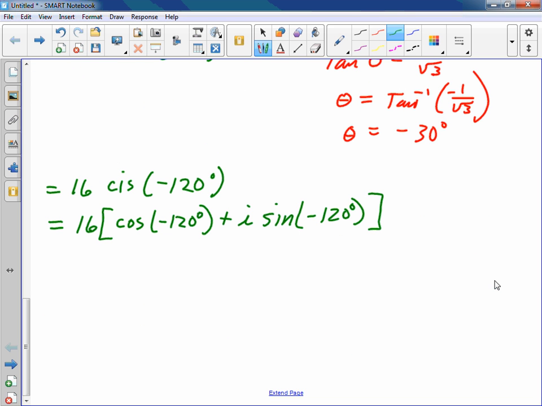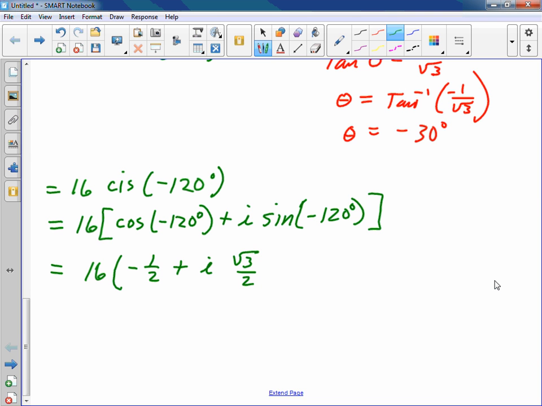So then we go equals 16, and you can use your unit circle or whatever to acquire. At this point, hopefully you've memorized that the cosine of negative 120 is negative 1/2, plus i times the sine of negative 120, which is the square root of 3 over 2.